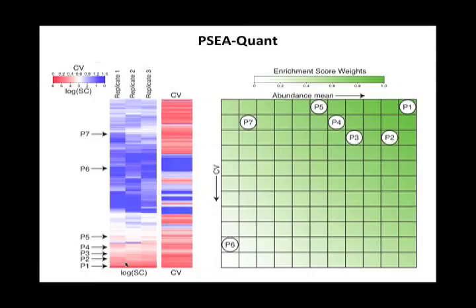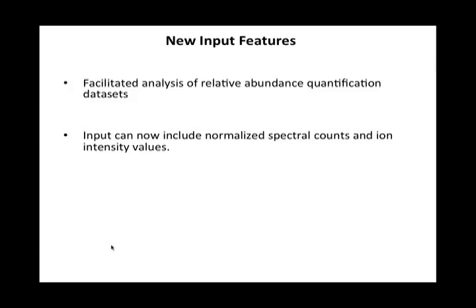The proteins that would have high ratios are basically proteins that are more expressed in condition A versus condition B. Before this input improvement of PSEA-Quant, the user with a relative abundance quantification data set, if he wanted to do a PSEA-Quant analysis, would have to submit one data set including the ratios of condition A versus condition B to see the proteins that are enriched in condition A. And then he would have to inverse the ratios and resubmit the analysis in order to see the protein set that would be enriched in condition B versus condition A.